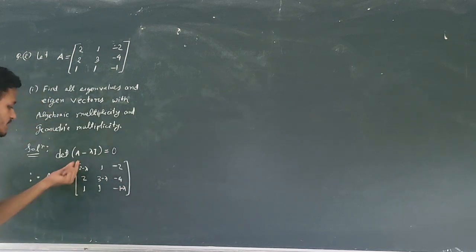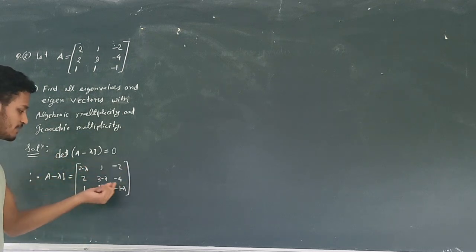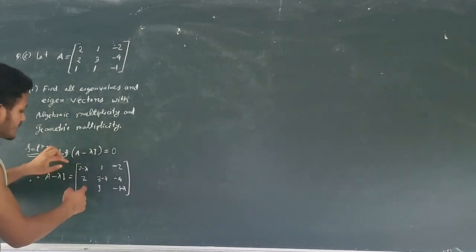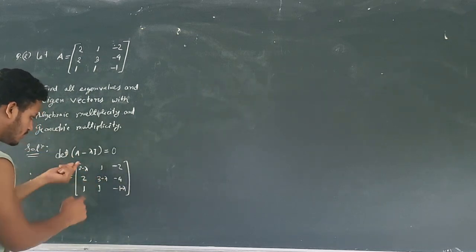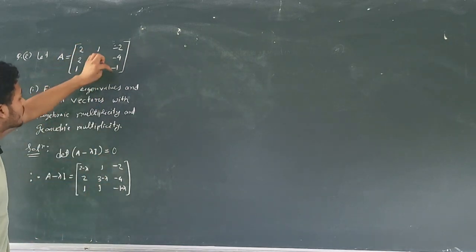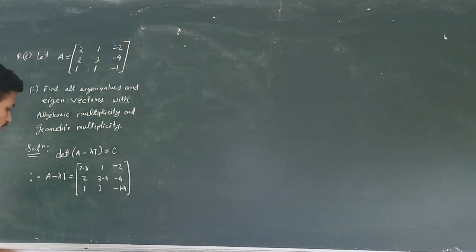What happens is that the off-diagonal elements stay the same, but from the diagonal elements you have to subtract lambda: 2 minus lambda, 3 minus lambda, minus 1 minus lambda. Now you have to find the determinant of A minus lambda I, and set it equal to 0.